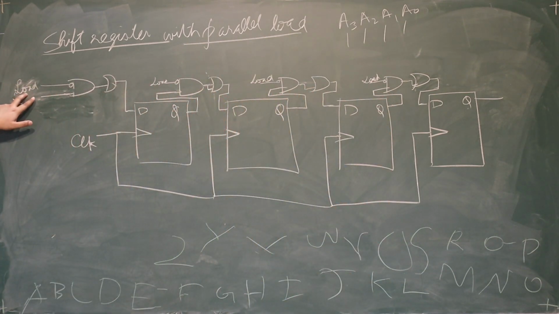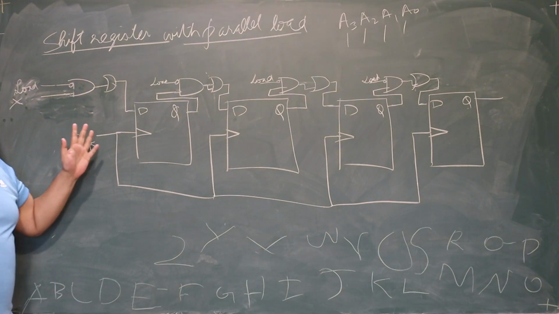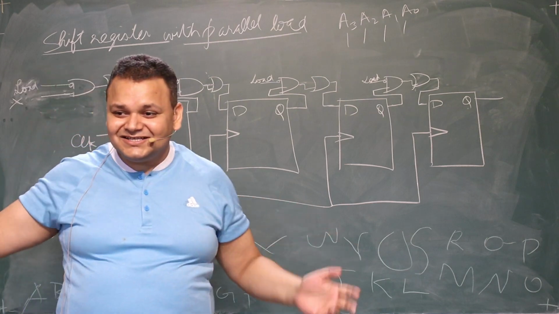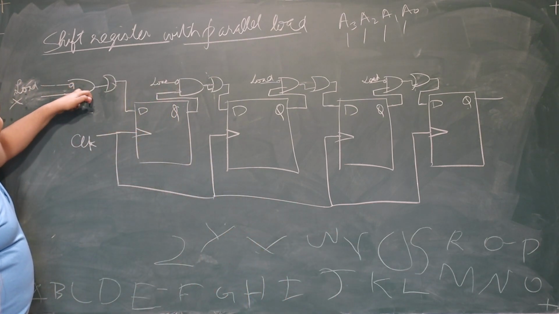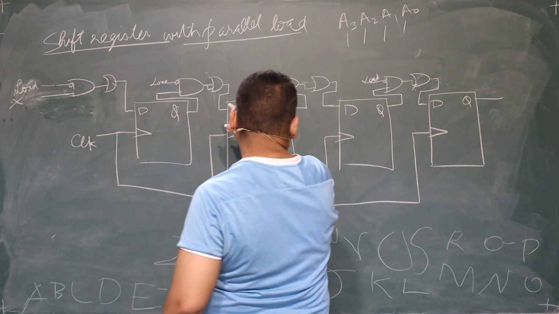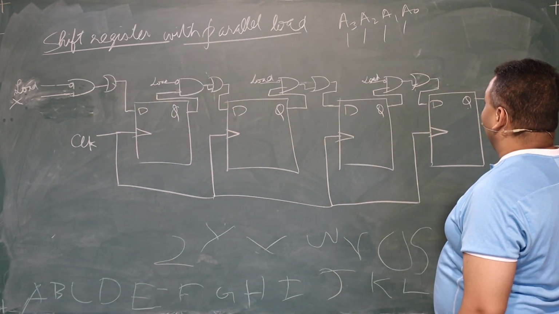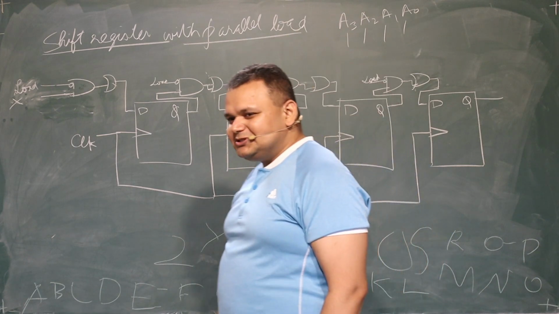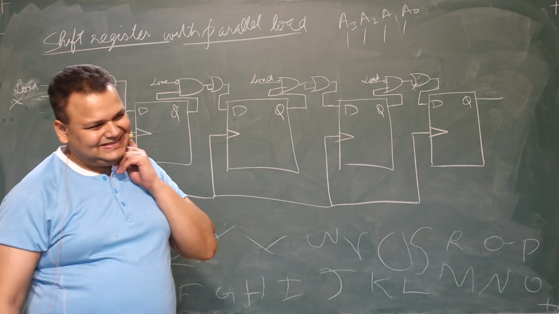So when load is equal to 0, this becomes 1, and 1 and A is A. It will look something like this.